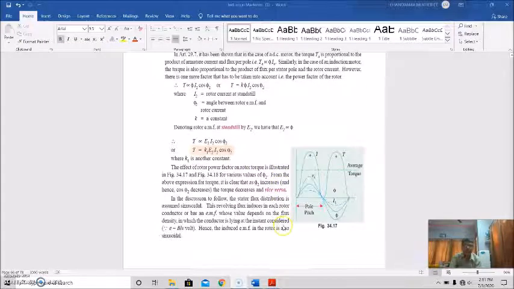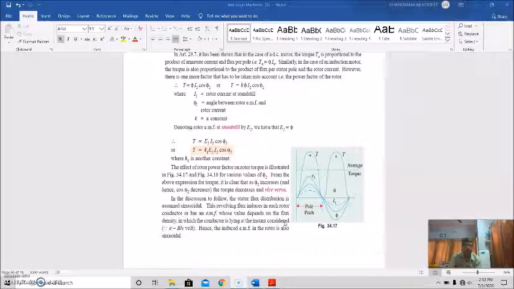The effect of rotor power factor on the rotor torque can be illustrated in this figure. This is the rotor torque, this is the rotor induced EMF E2, this is the rotor current, and this is the flux. If you take the product, it will be like this. This is positive, this is the average torque.